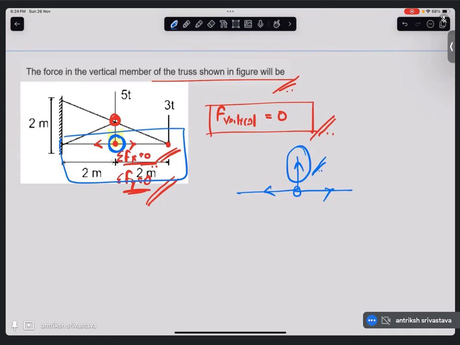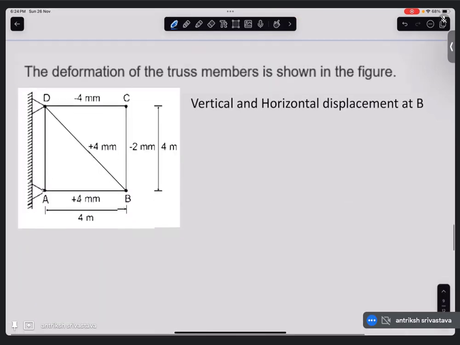So that means there won't be any force developed at this point. Correct? In real life there will be, because some kind of deflection will be there, so this component and all those things will make up a force. But in our GATE syllabus, there won't be any force. So F vertical is 0. 0 is the answer for this question. All right.